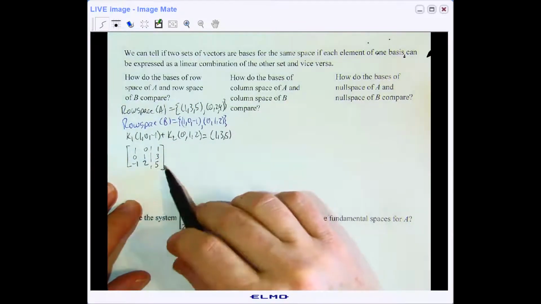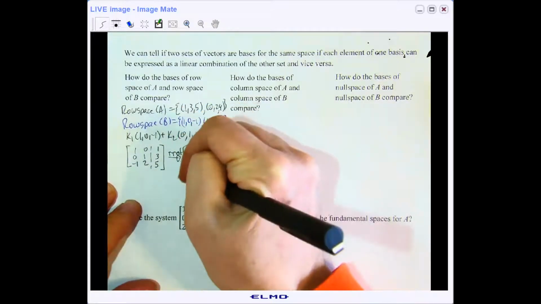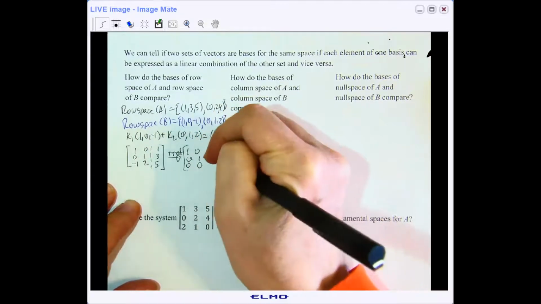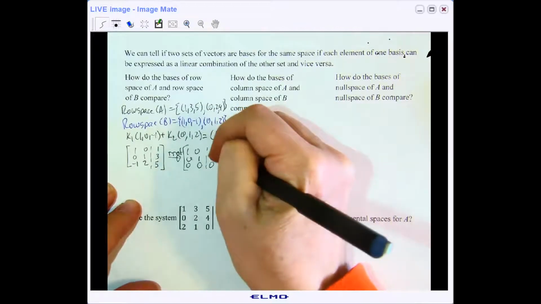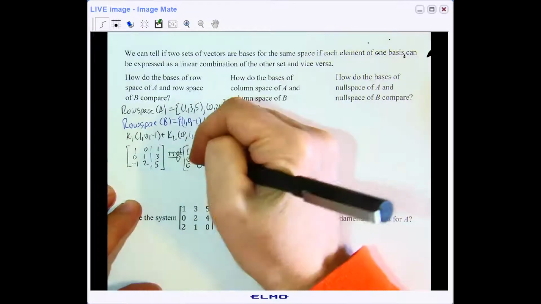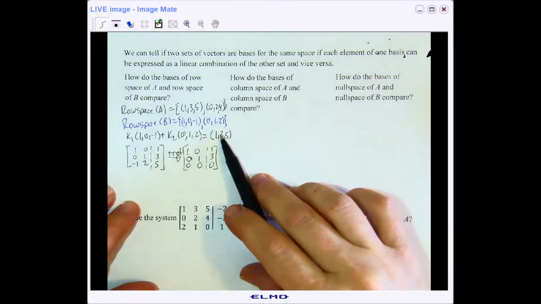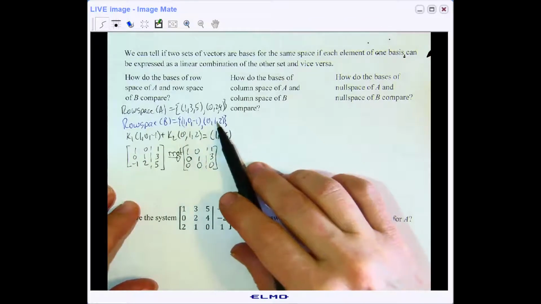Well, if we rref, we should get this matrix, meaning that to make the 1, 3, 5 vector, I'd use one of these plus 3 of those.